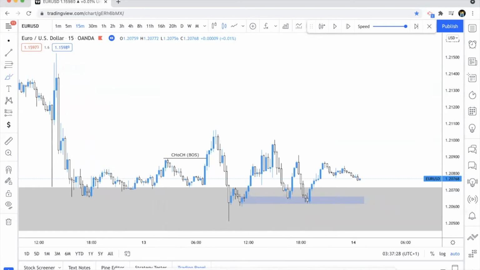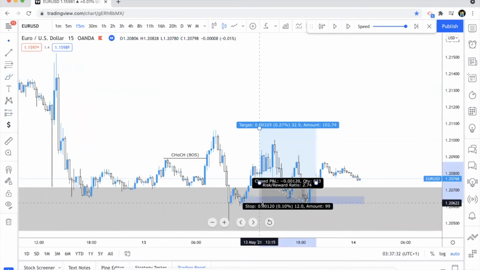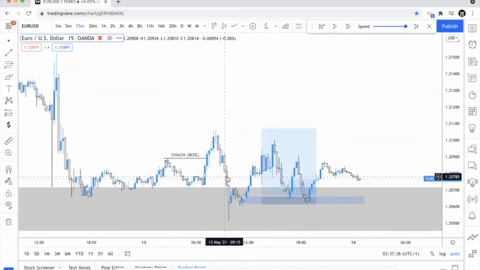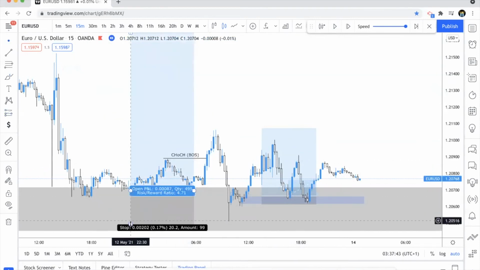Now let's look at this. Notice how my risk is so tiny compared to this big block here, where most people would do.